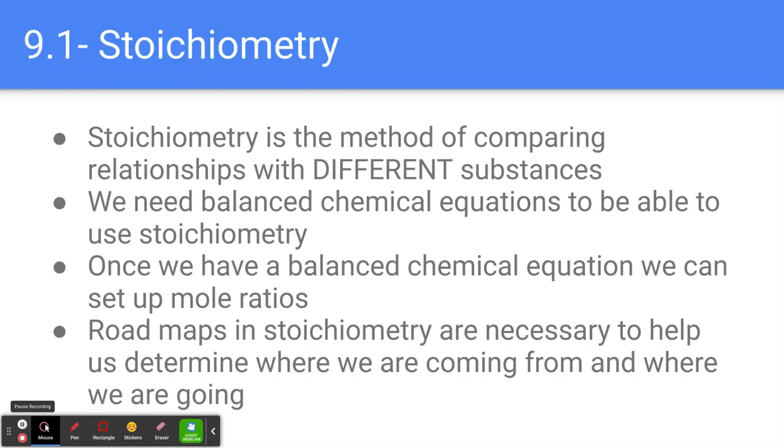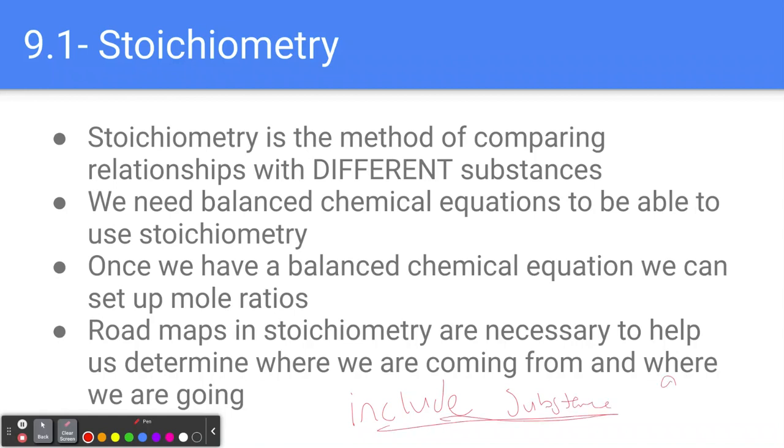When we use these roadmaps, I need you to include the substance. You can't just say grams to mole to mole. I need to know what substances you're dealing with there. So be sure when you are doing these roadmaps that you include the substances.